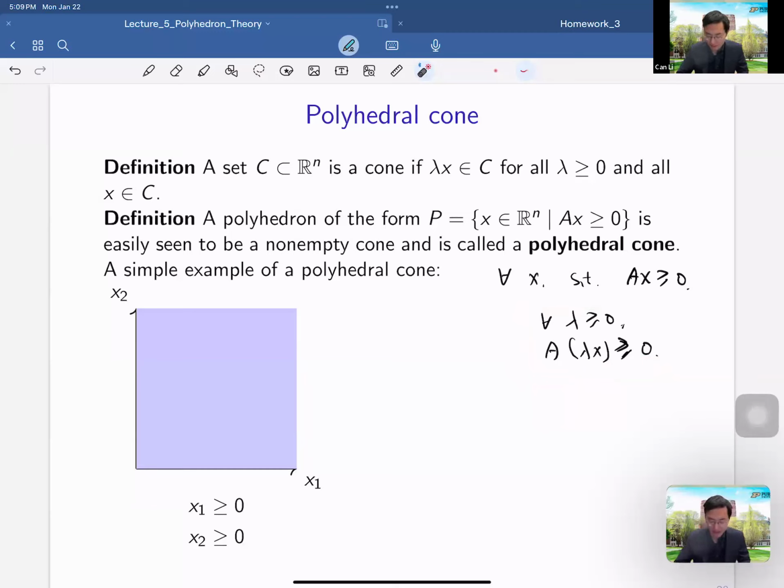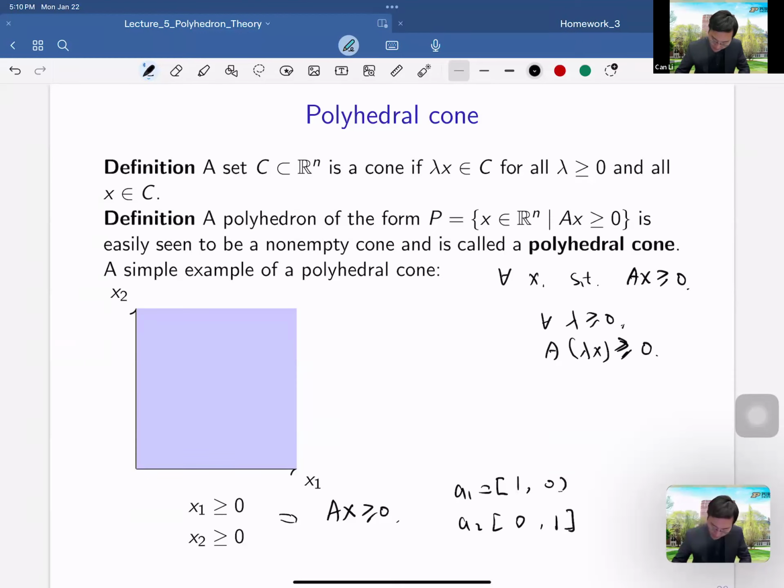Now let's look at a very simple example here in 2 dimensions. This problem is x1 greater than or equal to 0, x2 greater than or equal to 0. Of course, you can express it in the form Ax greater than or equal to 0, where A1 is nothing but (1, 0), and A2 is (0, 1). So that is in the form of a polyhedral cone.